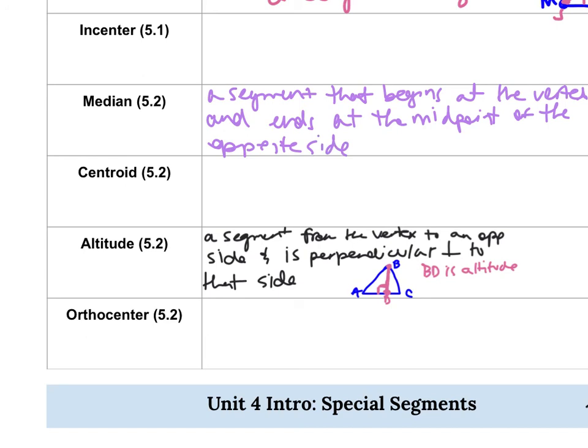For a picture example, we have a triangle, we'll do ABC again. If BD is our median, we know we're going to start at that vertex and go to our opposite side, so right here, BD. And then remember, the key term for median, we have two congruent parts on that side.